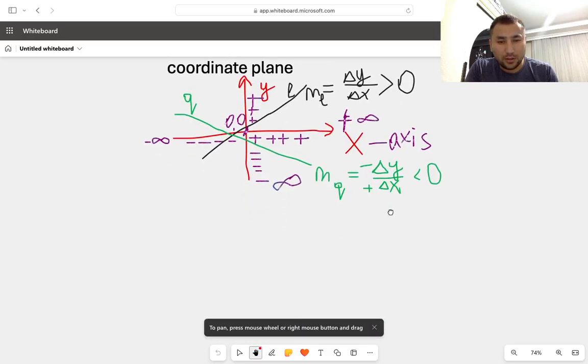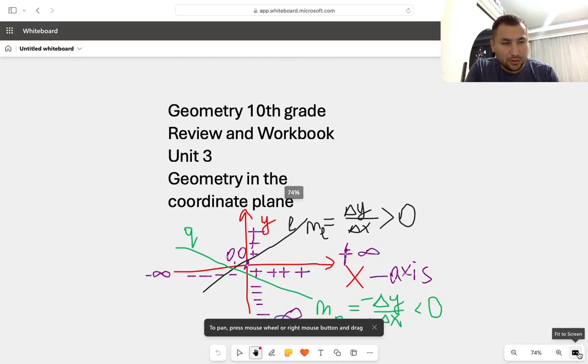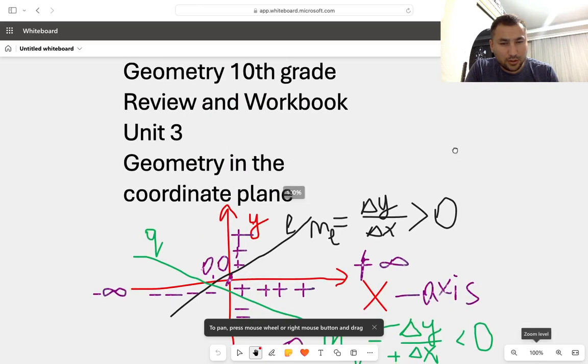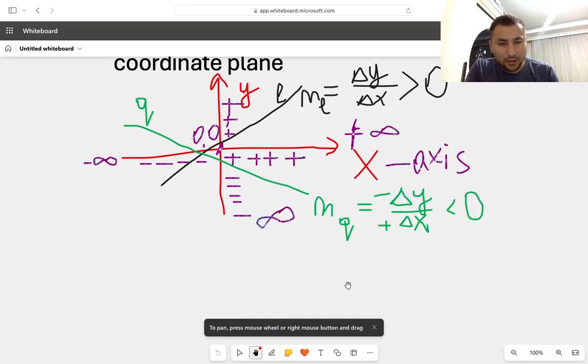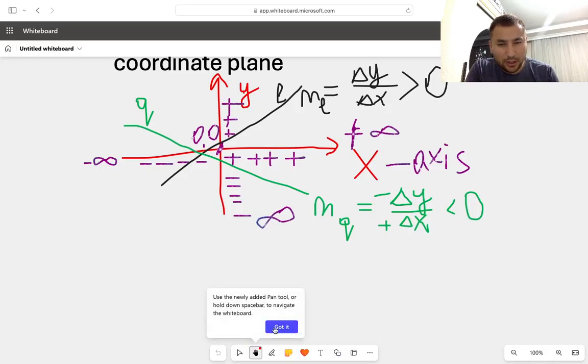Okay, and now fit the screen, 100%. Okay, and go up. I don't know why it keeps showing me this red hat. Got it. Pan tool. Where is pan tool?